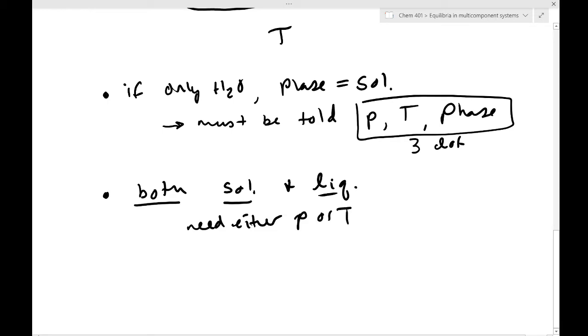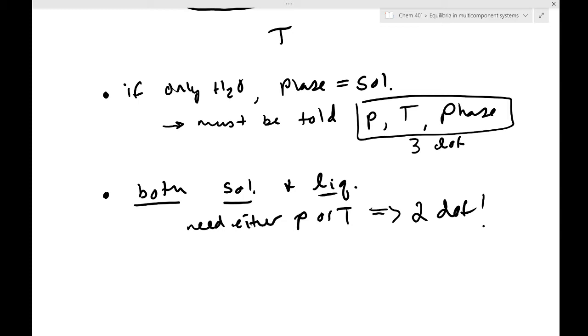So now we have 2 degrees of freedom, right? We have decreased the number of degrees of freedom with the phase number increasing. Since the number of phases present has increased, the degrees of freedom has decreased.